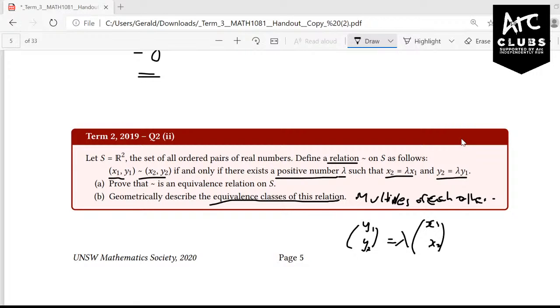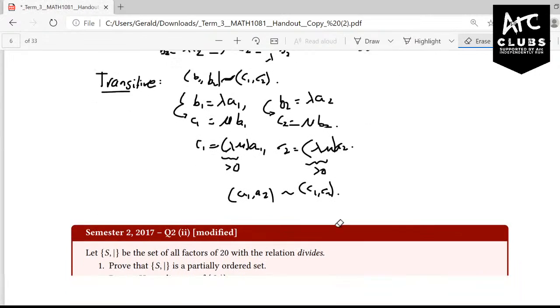Yeah. Cool. All right. So that's how you do these types of problems.